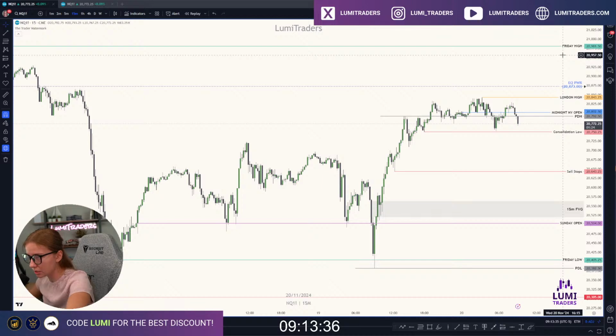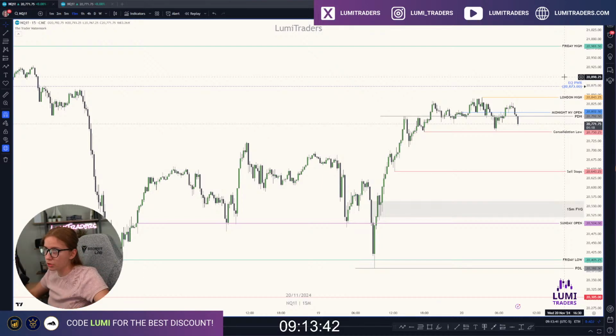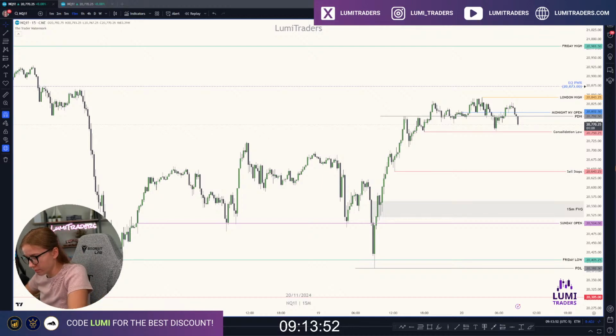Especially since we can still see high time frame order flow is bullish, but it doesn't mean we cannot expect a retracement down. Still, I need to see slightly lower first, and then a possible reversal.